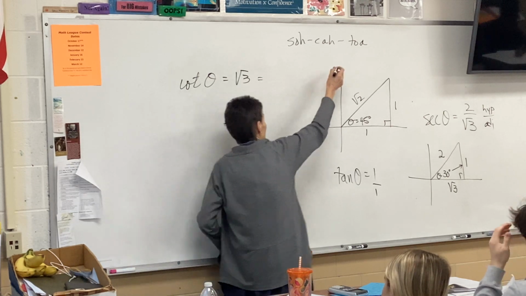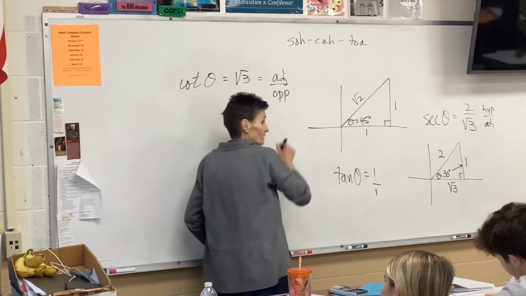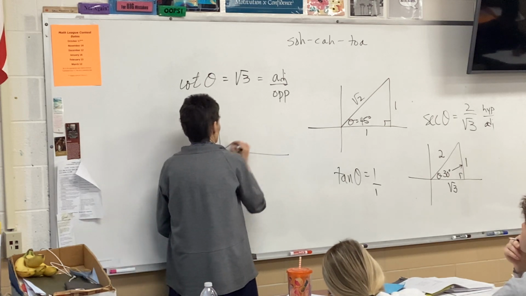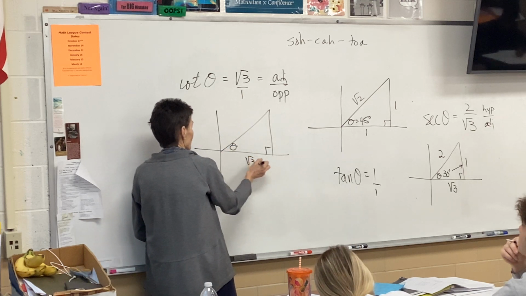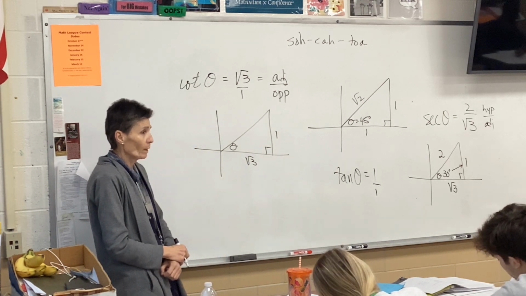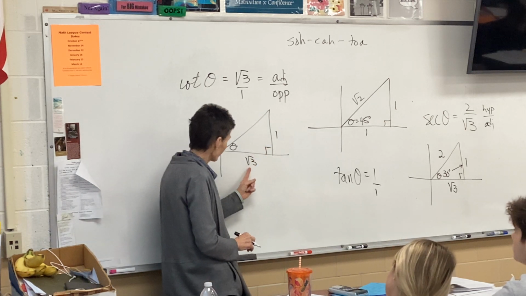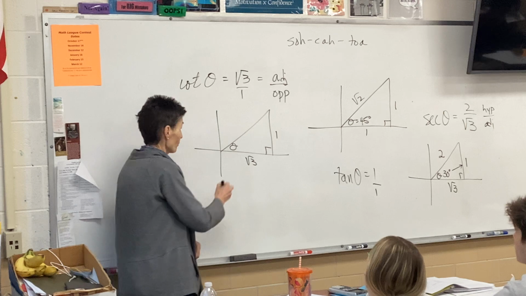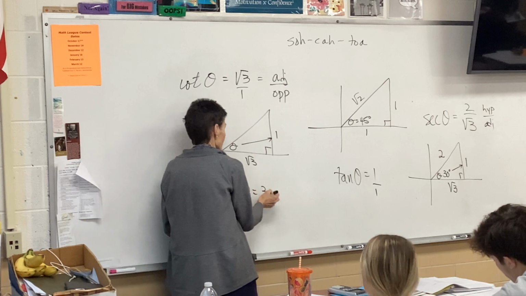Tangent is opposite over adjacent, so this is going to be adjacent over opposite. So my adjacent side is root 3 and my opposite side is 1. What kind of a triangle has a 1 and a radical root? A 30, 60, 90. And across from the 1 is which angle? 30. So the answer is 30 degrees.